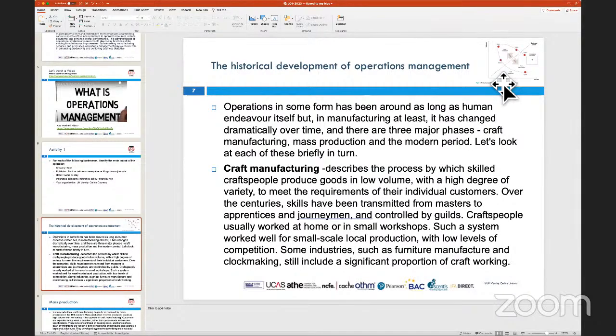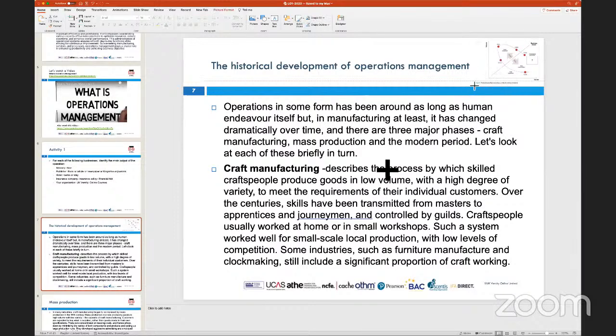So operations, manufacturing, agriculture, as a field, has been there for ages, since the origins of mankind. People have been harvesting or growing crops, and that is basically the startup of operations. But if we look over time, there are three different phases through which operations management has evolved.